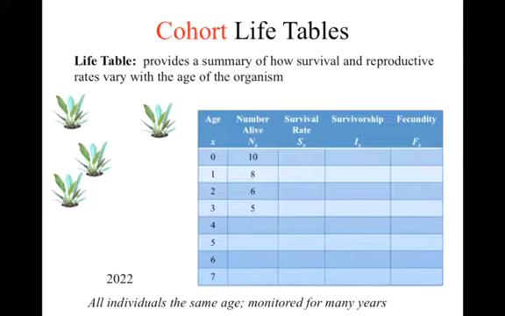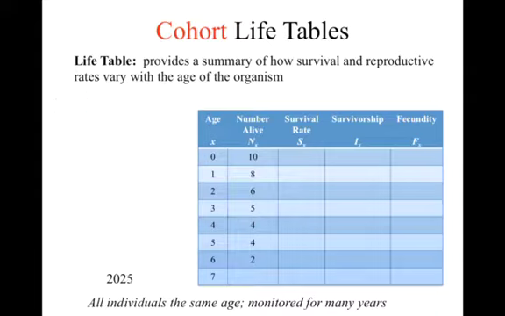In 2022, I'm down to 4. Maybe I go back in 2023 and I find all 4 of those are still alive. But then when I return in 2024, I'm down to 2, and then none of my cohort is alive by the time I reach 2025. So now I have tracked that single cohort that started out all the same age, and I've looked at the number that survived from one year to the next.